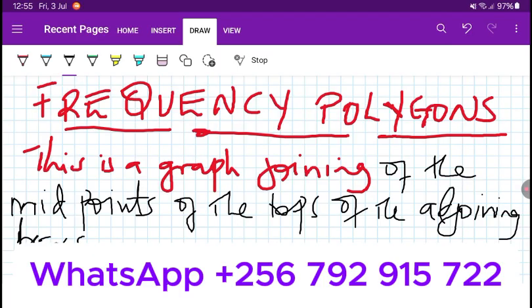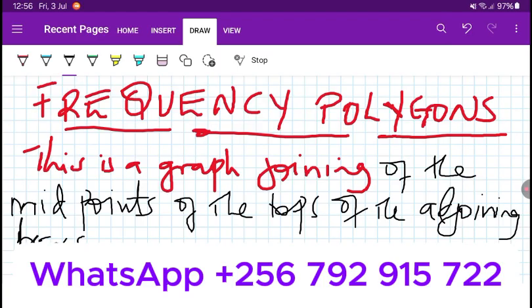So the midpoints of, let's say, the first and then the last classes are going to be joined to the midpoints of the classes preceding the first and succeeding the last classes respectively. Of course, this is going to be at a zero frequency to complete the polygon.